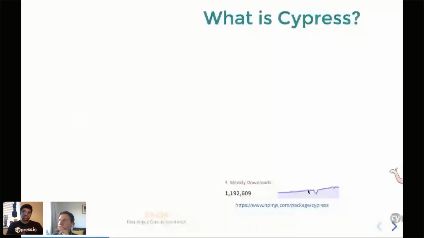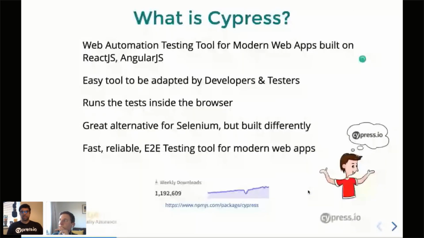So firstly, what is Cypress? It is another web automation testing tool, but it is designed in a different way for modern web applications built on top of React.js or Angular.js, which is becoming very common these days. Many organizations are moving towards JavaScript-based platforms or applications.